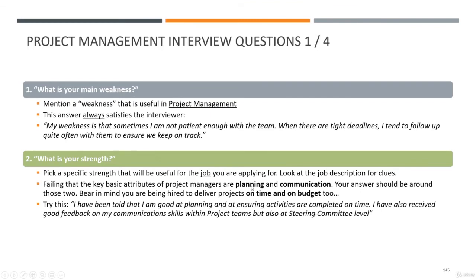So you say planning, on time. I have also received good feedback on my communication skills within the project team, but also the steering committee. If you complete on time, you could imply that you will be on budget as well, or if you feel that they are more into the budget side of things, you can say completed within budget allocated and the likes.